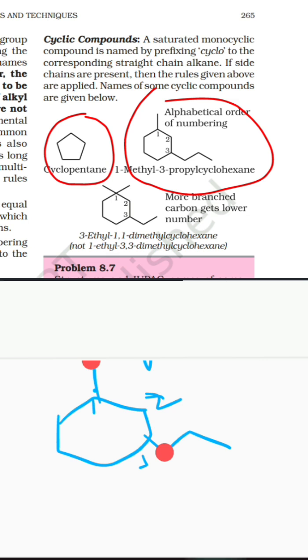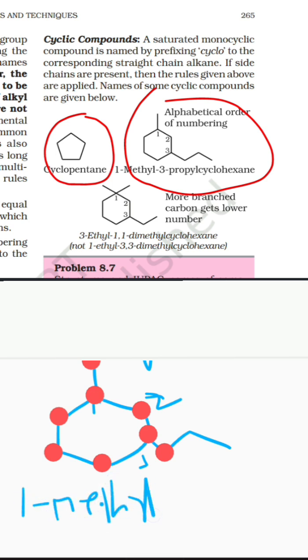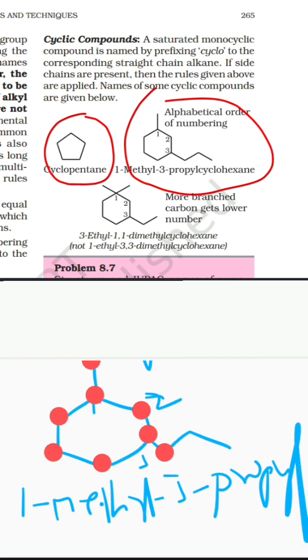So here total carbons, how many carbons are there? 1 carbon, 2, 3, 4, 5, 6. 6 carbons are there. So it is cyclohexane system. So the name of the compound is 1 methyl group is there at first carbon, 3 propyl, cyclohexane. So that is the name of this compound.